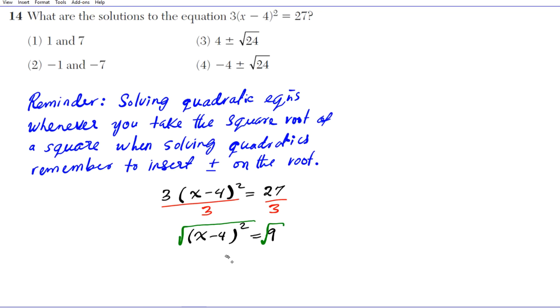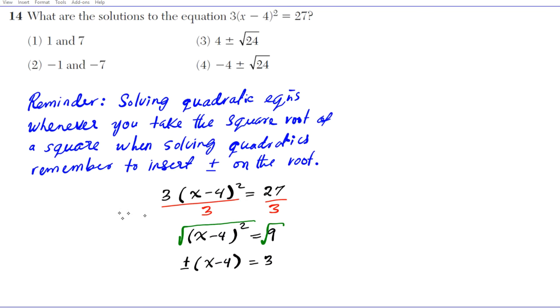Now notice what's happening on the left side. We're taking the square root of a square. Okay? So anytime you take the square root of a square, you end up with plus or minus that root. So x plus or minus x minus 4 equals square root of 9, which is 3.